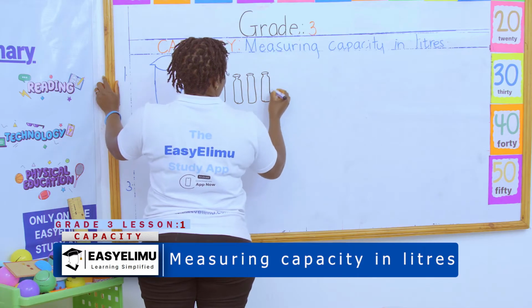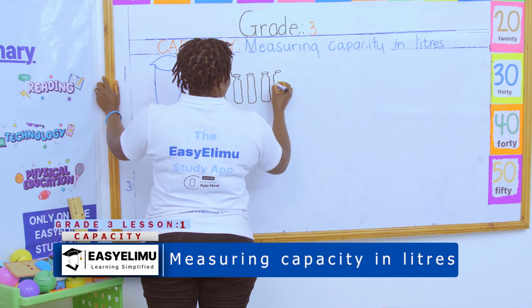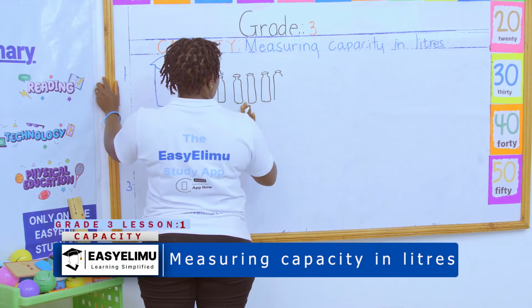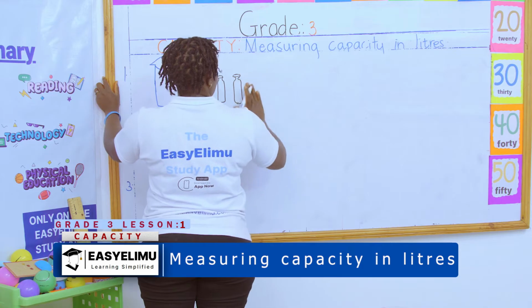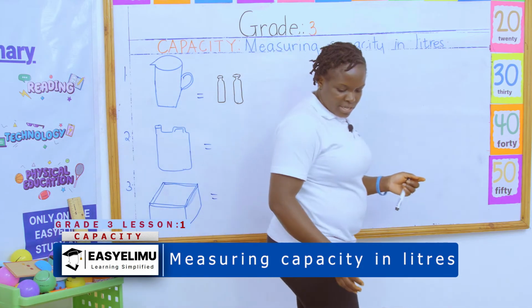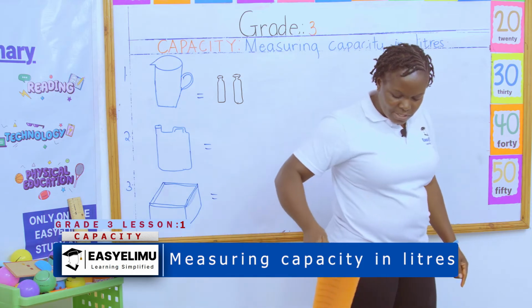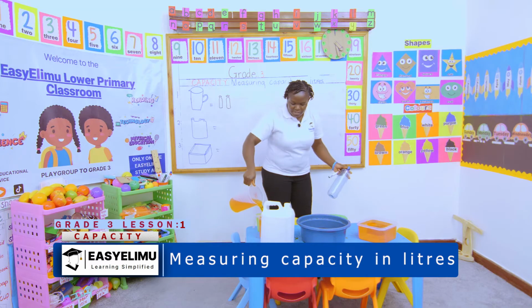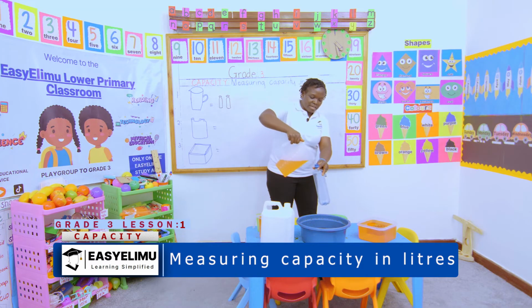Have you seen? So how many did we find out that filled the container? No, not this. This is not the jerrycan. The jerrycan is the one that are 5 bottles. Let's look at the big jug and see how many of the bottles filled the big jug.